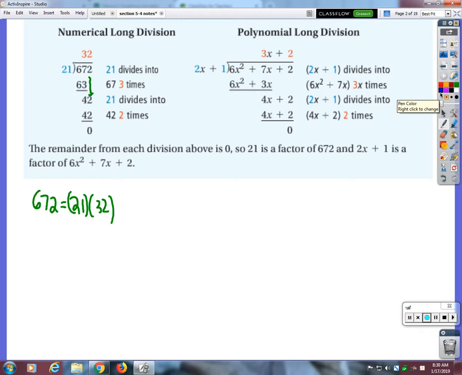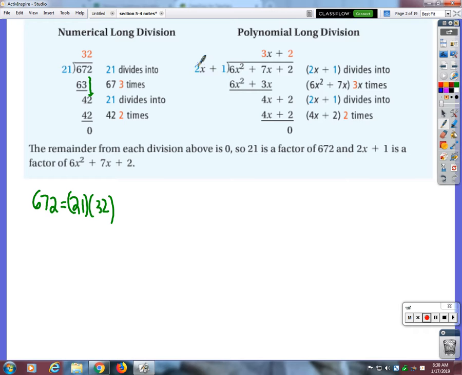So for polynomial long division, what they did is they took 672 and changed it into 6x squared plus 7x plus 2. So it's basically like 672, but instead of the 6 being in the hundreds place and the 7 being the tens place, now the 6 is the x squared place, the 7 is the x place, and the 2 is just the constant term. And so we're going to divide that by 2x plus 1, just like we divided by 21 over here.